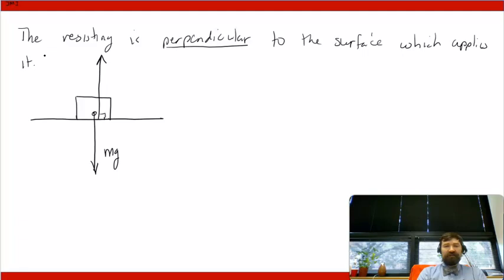And since this is a perpendicular force to the table, we sometimes call it the normal force. When we say that two vectors are normal to each other, we mean that they are perpendicular to each other. So this force is perpendicular to the surface which is applying it. So we call it normal force.